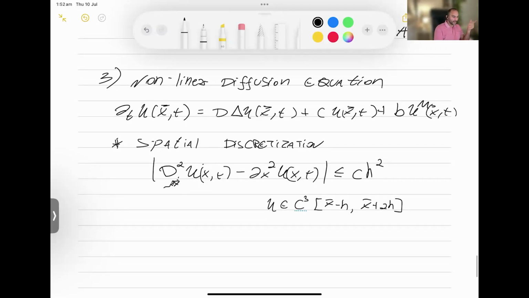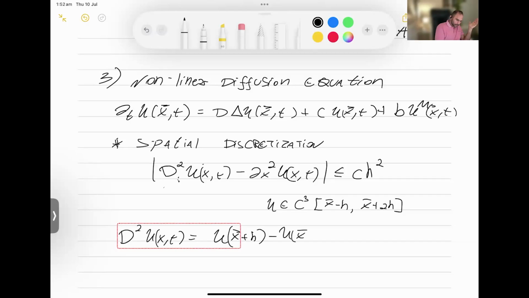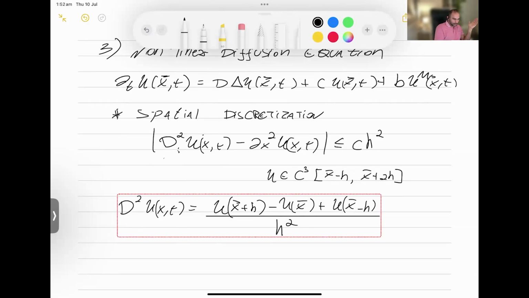Then you can show different ways to do that, but an easier way is to approximate it using the Taylor series, for example. For example, you can show this kind of approximation here, u_xx, so you can show that this operator is going to guarantee this order of accuracy.